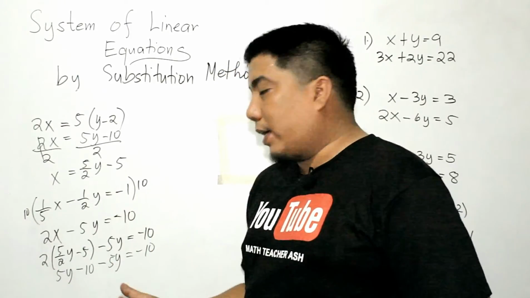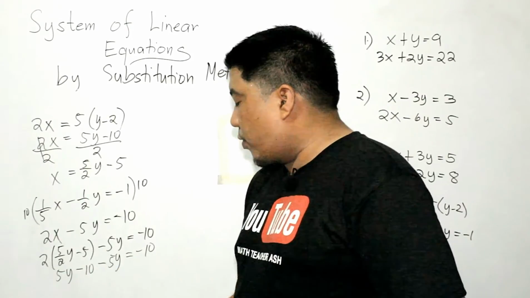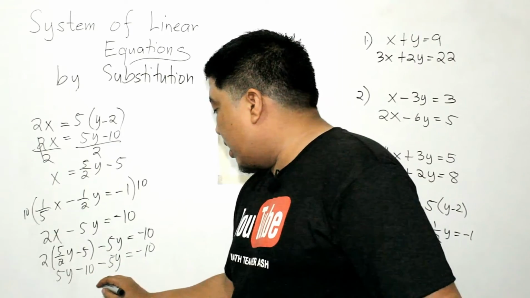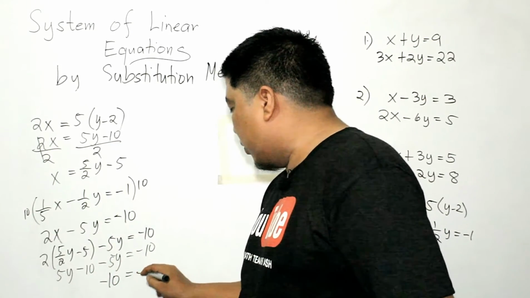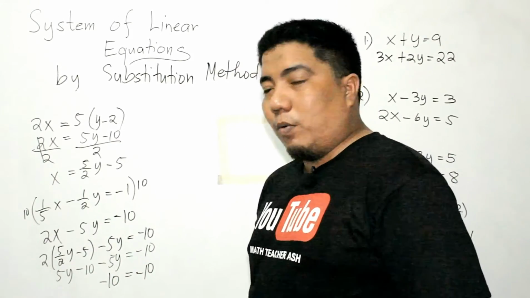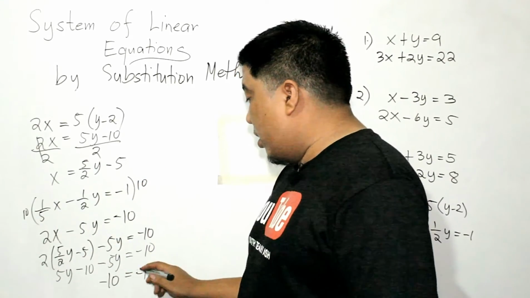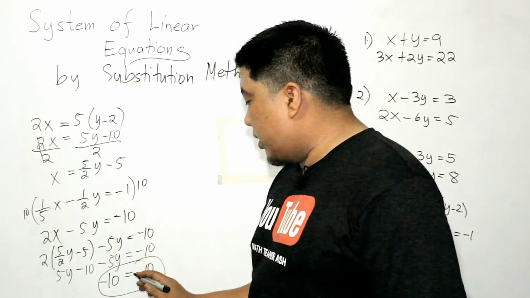Now, I will combine like terms. 5y minus 5y, that is 0y, so the y will be eliminated, giving me negative 10 is equal to negative 10.